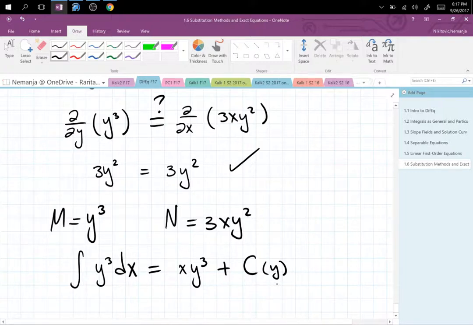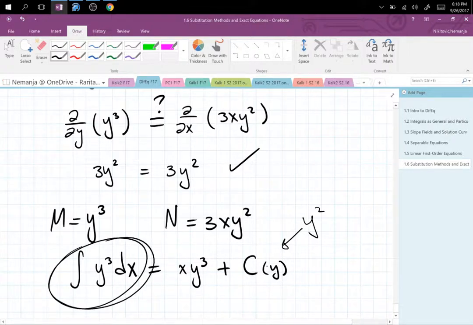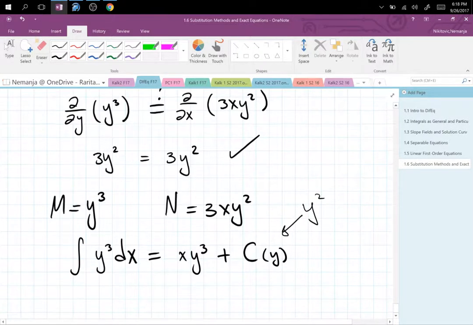It's actually a function, because this over here could be y squared, for instance. When I take the derivative in respect to x, I'm going to get y cubed, because whatever this function is, whether it's a constant or a function of y, when I take the derivative in respect to x, it's going to go away.